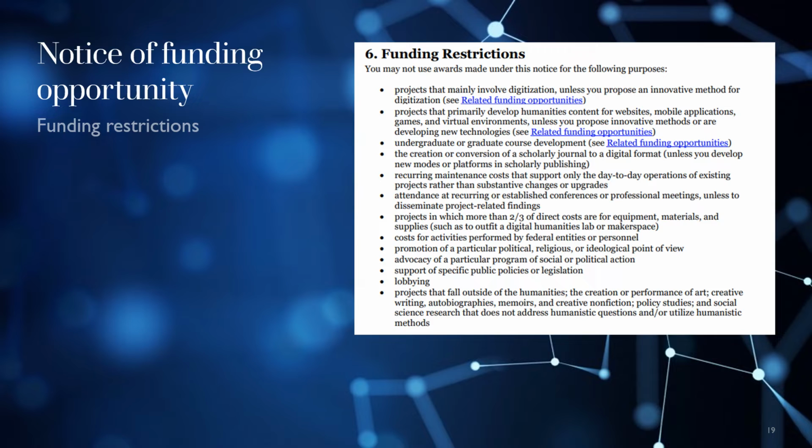You'll see that the first item on the list prohibits funding for projects that mainly involve digitization unless you propose an innovative method for digitization. The second item restricts funding for projects that primarily develop humanities content for websites, mobile applications, games, and virtual environments, unless you propose innovative methods or are developing new technologies. If your project falls into one of these categories or another one on this list, you'll likely want to consider another funding program, either at NEH or another organization.